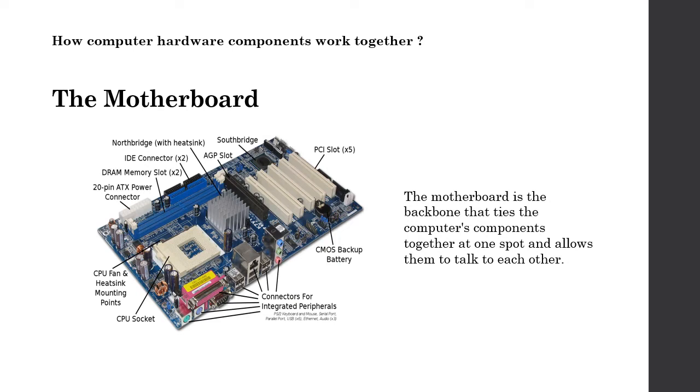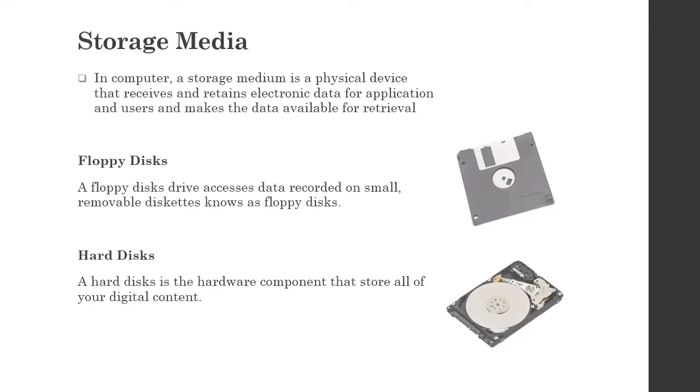So that's all about processing. Moving on to storage media. Storage media is a physical device that receives and retains electronic data for applications and uses, and makes the data available for retrieval.